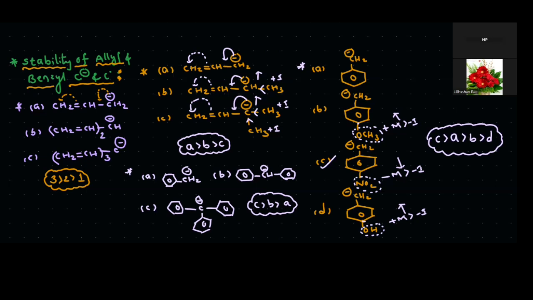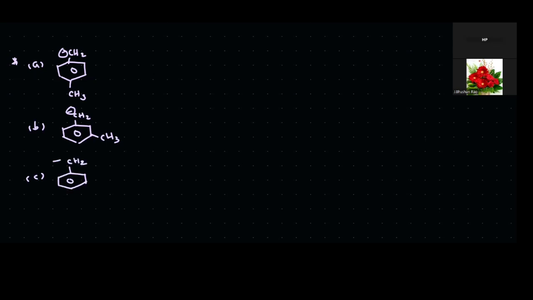Next, another example we will discuss. CH2 minus, here one CH3 group, here one CH3 group, CH2 minus, here a CH3 group.